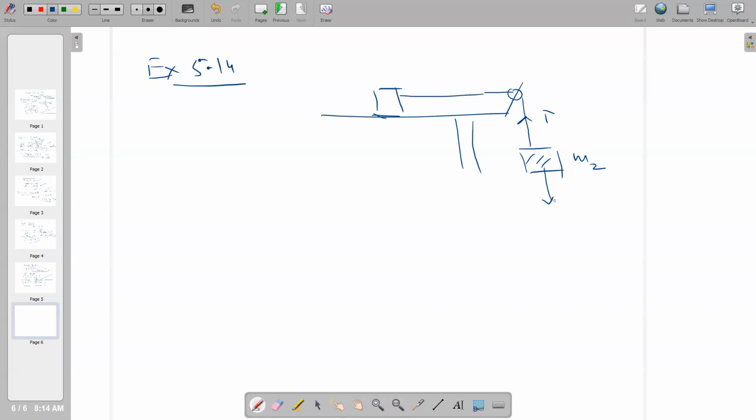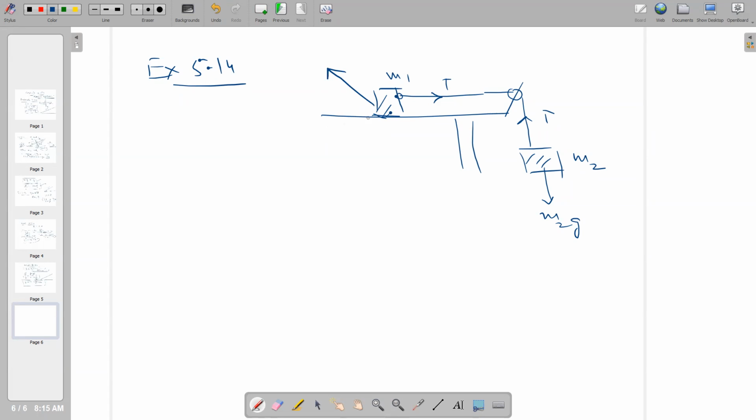The weight is acting vertically downward. This is any mass M1. The tension force direction is this one.